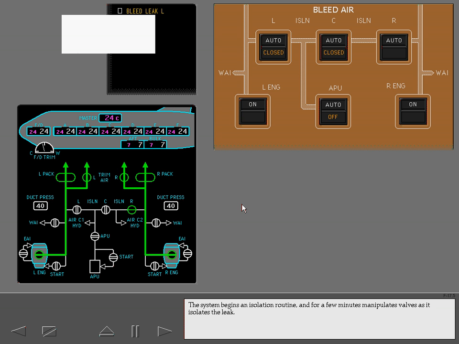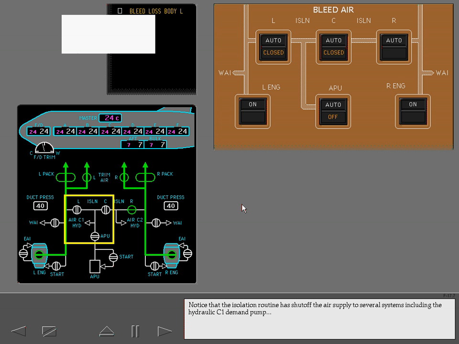The system begins an isolation routine and for a few minutes manipulates valves as it isolates the leak. After the system isolates the duct and the leak is no longer detected, the EICAS advisory message, bleed loss left, replaces bleed leak left on EICAS.